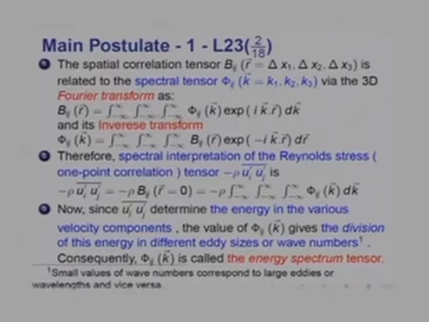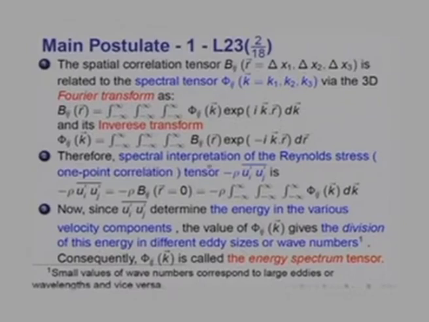The inverse transform of this is given by phi_ij(k) equal to the integral from minus infinity to plus infinity, three times over, of B_ij(r) exponential of minus i k dot r dr.